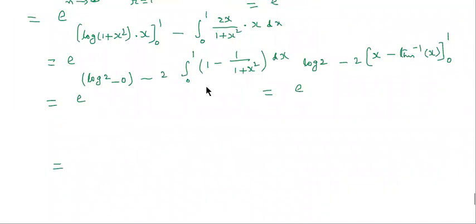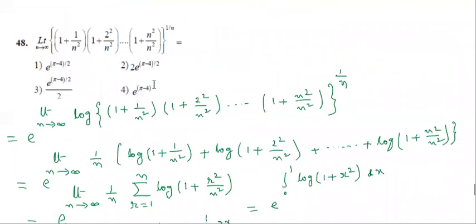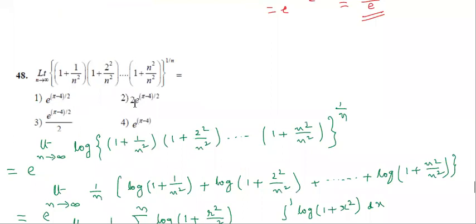Now substitute the limit: e power log 2 minus 2 into 1 minus tan inverse of 1, pi by 4. If you substitute the lower limit, that value should be 0, 0 minus 0. Okay, now calculate this. By observing the options, we can calculate. See the options. Here there is no logarithm, only exponentials.